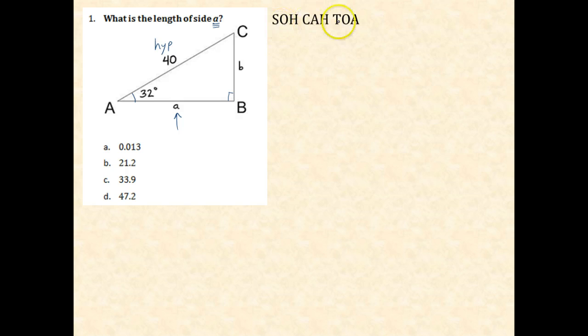Well, here's good old SOHCAHTOA. Sine is opposite over hypotenuse. Well, that's not it. B would be opposite. Cosine is adjacent over hypotenuse. Hey, that's the adjacent side and the hypotenuse and the cosine of the angle. So we can use cosine.